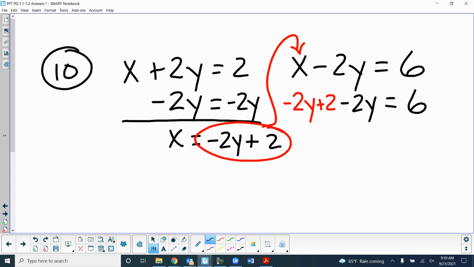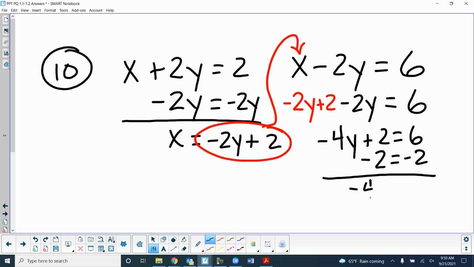When I combine like terms, the negative 2y and negative 2y is a negative 4y plus 2. Subtract 2 to get y by itself, and you get negative 4y equals 4. Divide by negative 4, and y equals what? Negative 1, right?